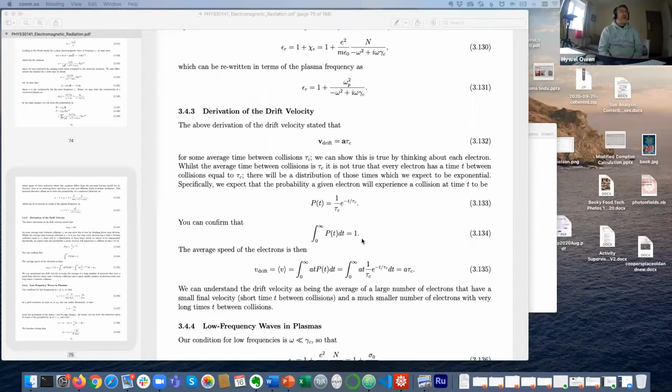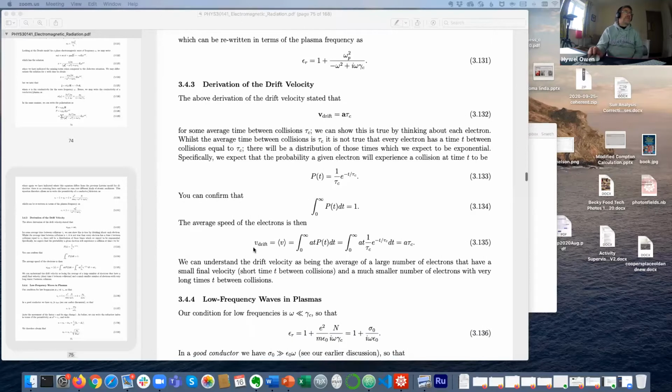So we can now work out the average speed of the electrons, and this is just the drift velocity we're trying to obtain. So this is going to be the average velocity of those electrons. Well, that's just the expectation value of A t, where A is the constant acceleration, regardless of which electron we're talking about, and t is the time that that electron travels for before it undergoes a collision.